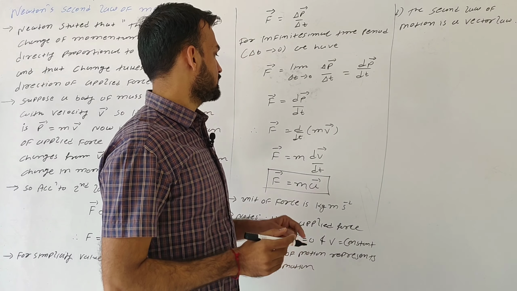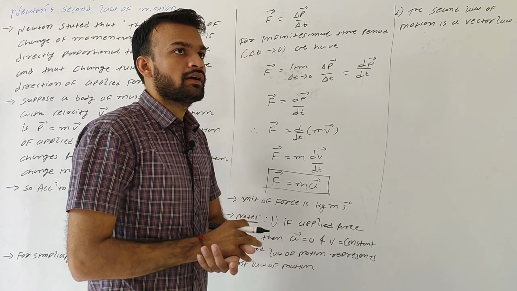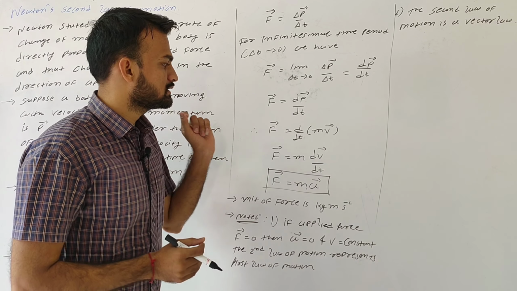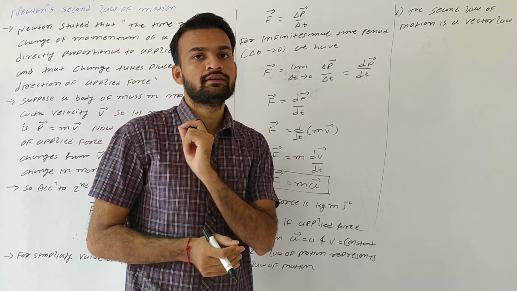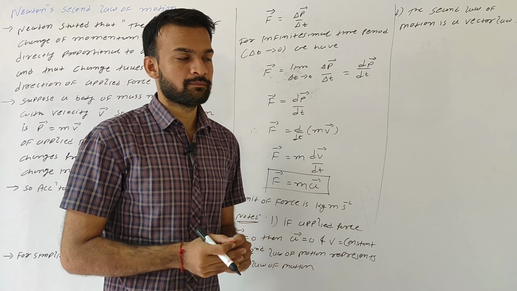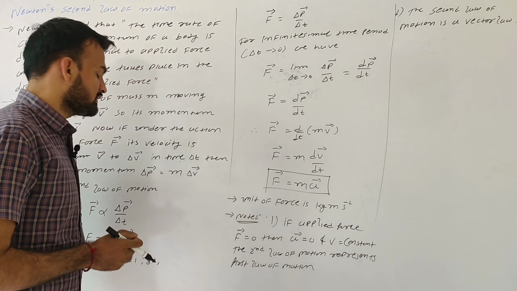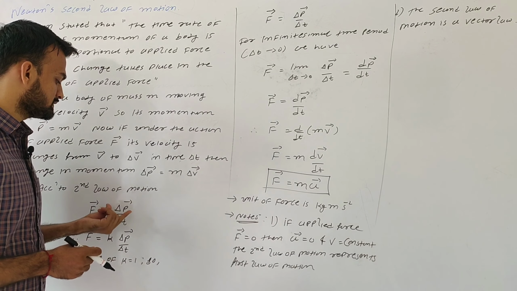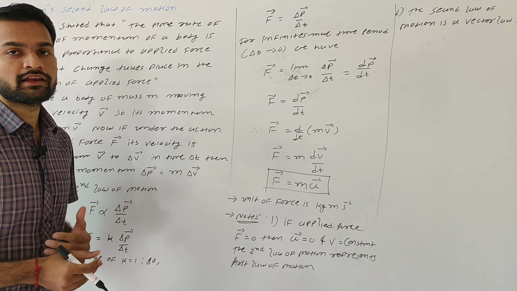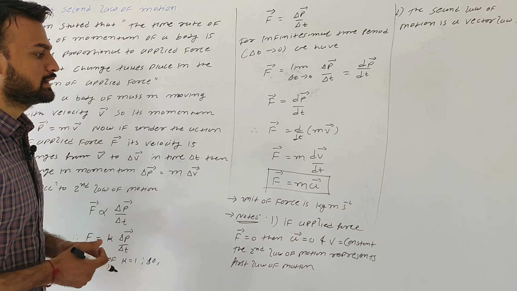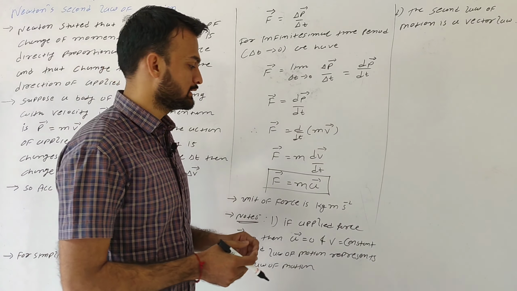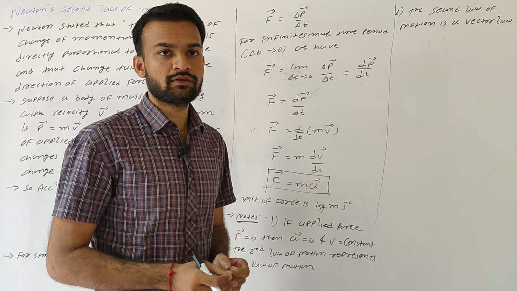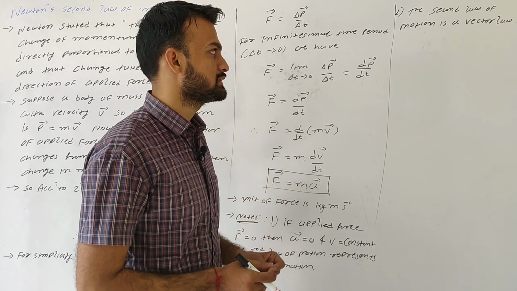If the force acting on the body has components in the x, y and z axes, then there must be a change in its momentum, delta p, in the x direction, y direction and z direction, and it has a component of acceleration in all three dimensions.